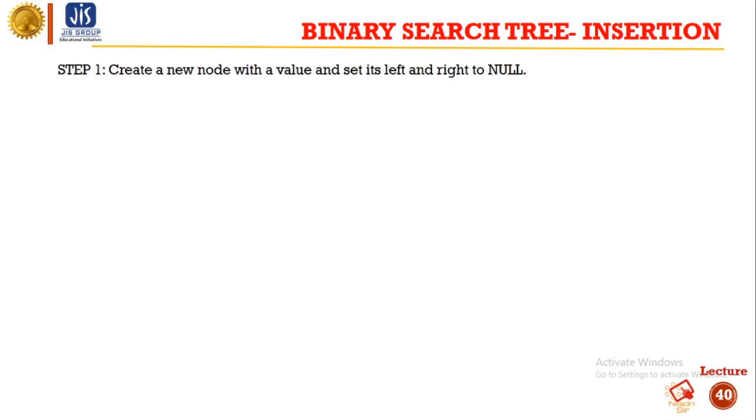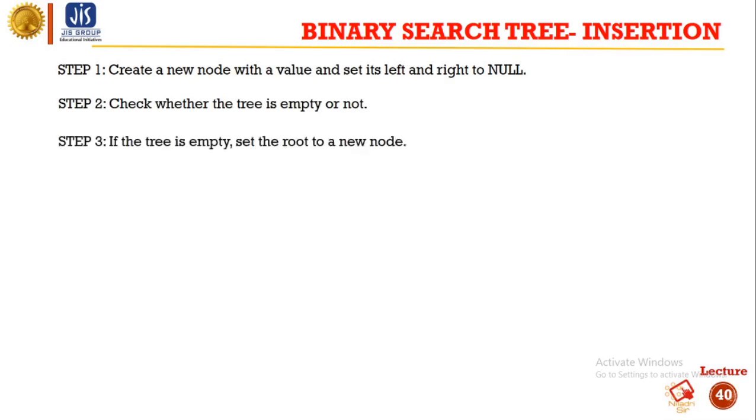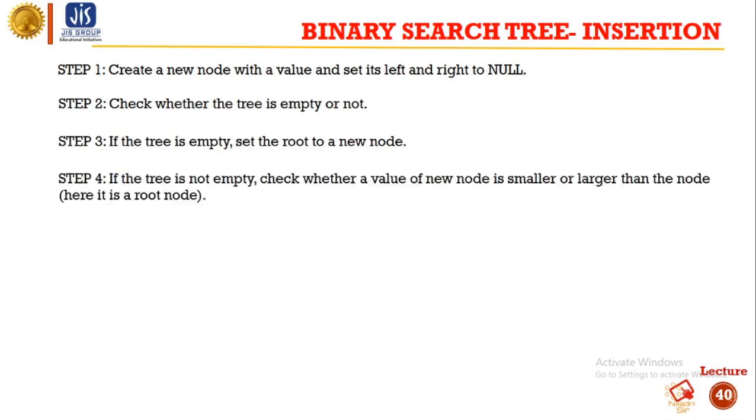In step 1, we create a new node with a value and set its left and right to null. Step 2 checks whether the tree is empty or not. In step 3, if the tree is empty, set the root to the new node. In step 4, if the tree is not empty, we check whether the value of the new node is smaller or larger than the node.